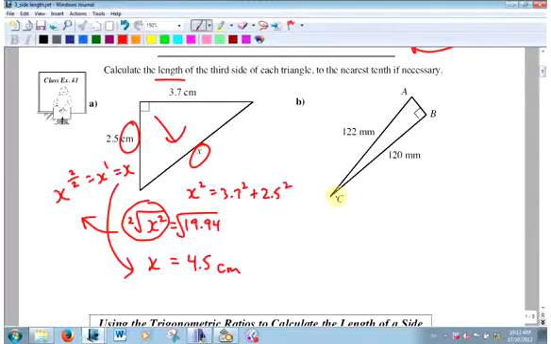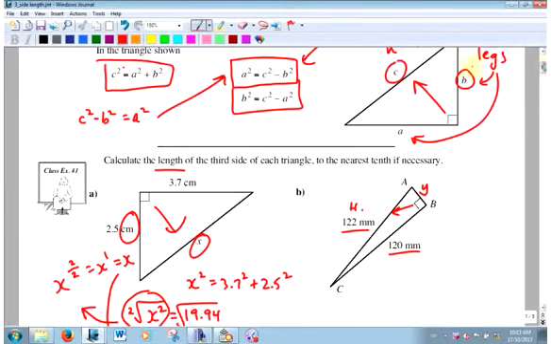This is a little trickier to see which one's the hypotenuse. I'm given BC, I'm given AB, so I must want to solve for this one. Let's call it y. Is that a hypotenuse or a leg? It's a leg. Here's the side opposite the right angle. That's the hypotenuse, 122.